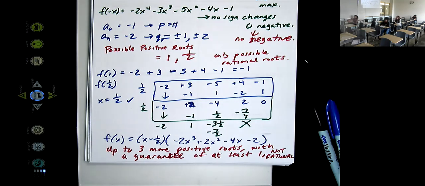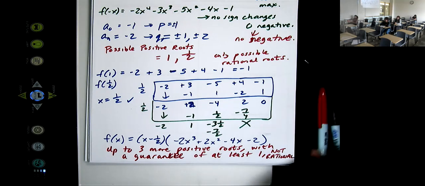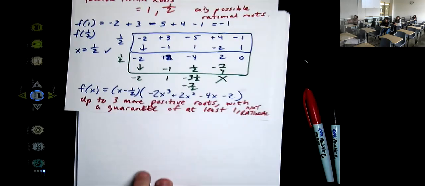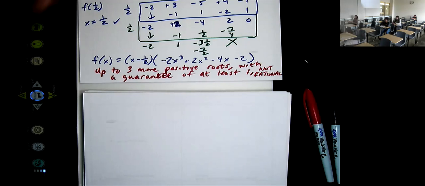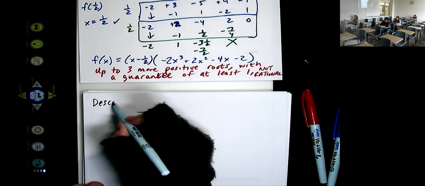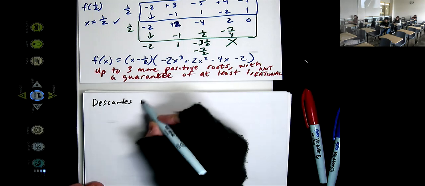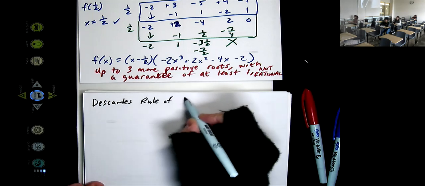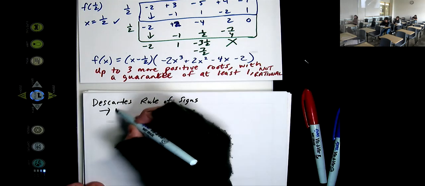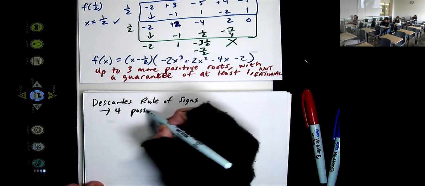The reason why I say a guarantee of 1 is that the Descartes rule of signs here on this problem said 4 possible positive roots.